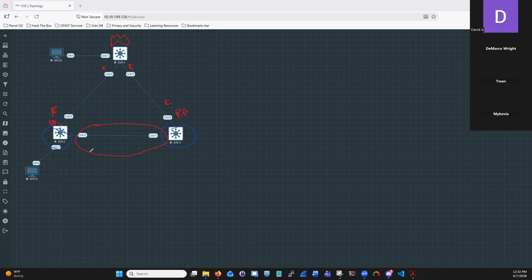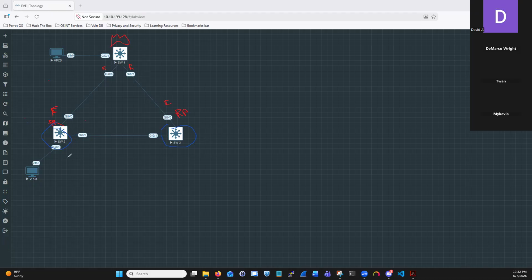Switch 3 has a root path cost of 4. I'm not going to spoil it just yet. Once there's a tie, there's another criteria that's used, but we're not going to get to that just yet. So we're going to imagine that switch 2 wins.